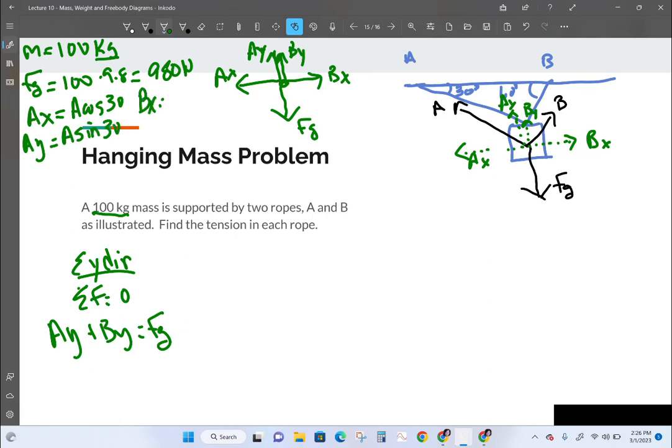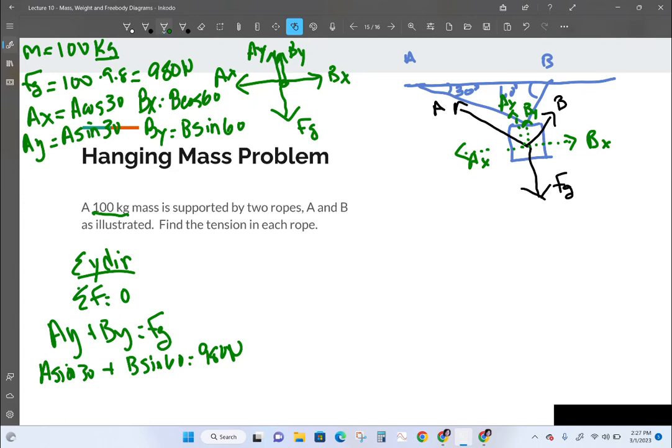BX is going to be B cosine of 60, and BY is going to be B sine of 60. So what I know so far is that AY, which is A sine of 30, plus BY, B sine of 60, has to be equal to 980 newtons, and that's all I know.